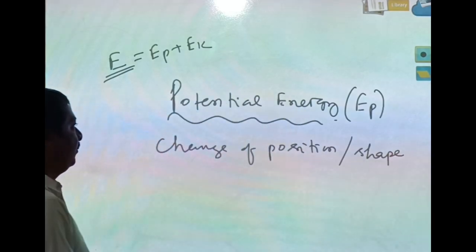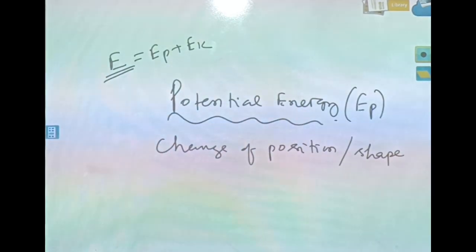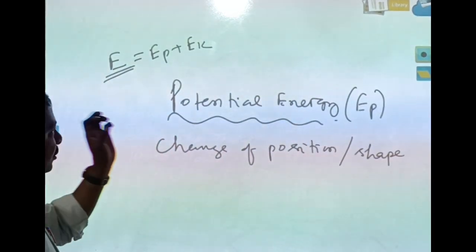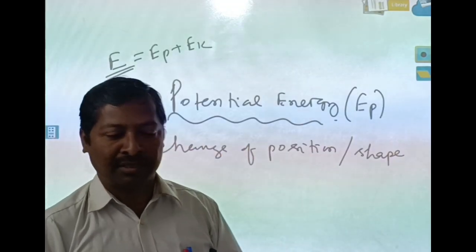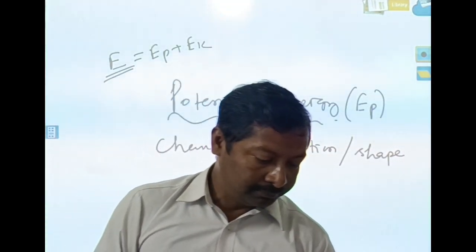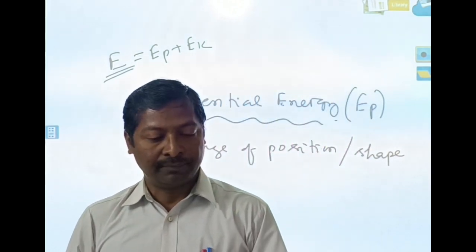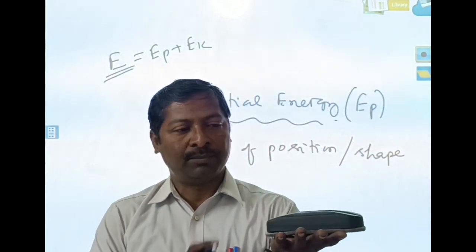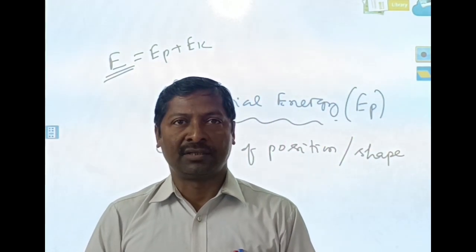A body that possesses some energy due to its change of position or shape is called potential energy. Suppose I lift the thruster to a certain height. It possesses potential energy.